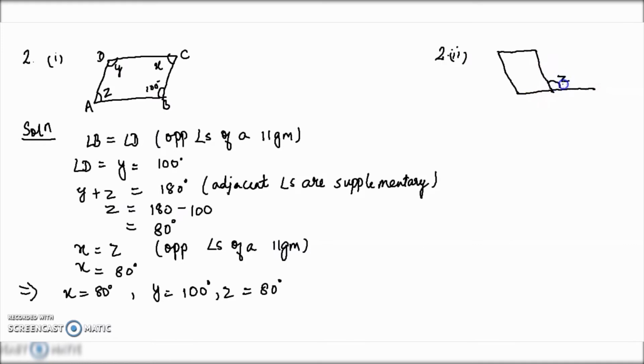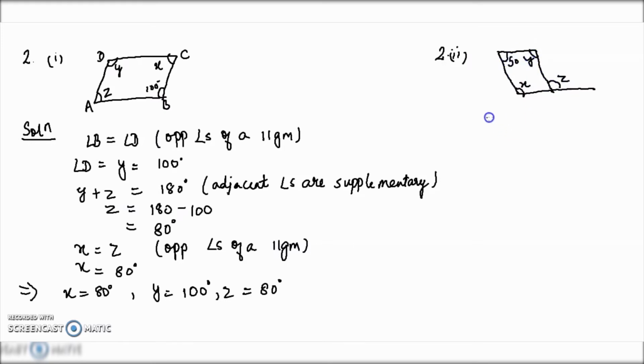This exterior angle is marked as Z. This is Y. This is X. This is 50. Now again here, this is a parallelogram, so the adjacent angles are supplementary.